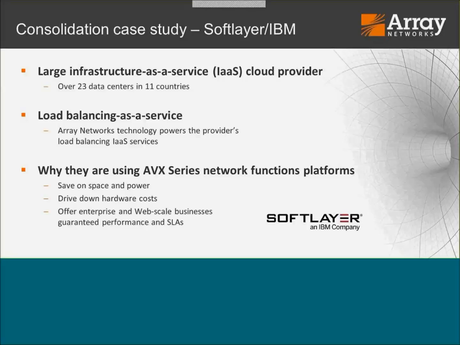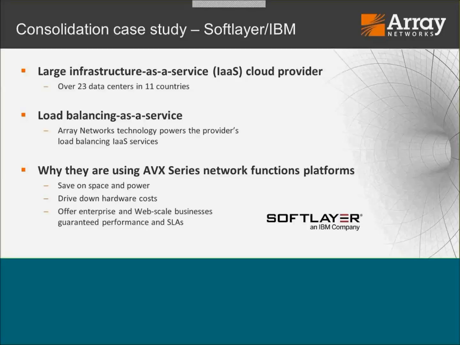But because they're selling services with guaranteed performance, with SLAs attached to them, they can't just move to a general purpose virtualized server environment to host these app delivery functions. So the AVX Network Functions platform is what they're moving to, and they're moving to it for exactly the reasons that have been outlined in this webinar, which is they're a cloud infrastructure as a service provider.